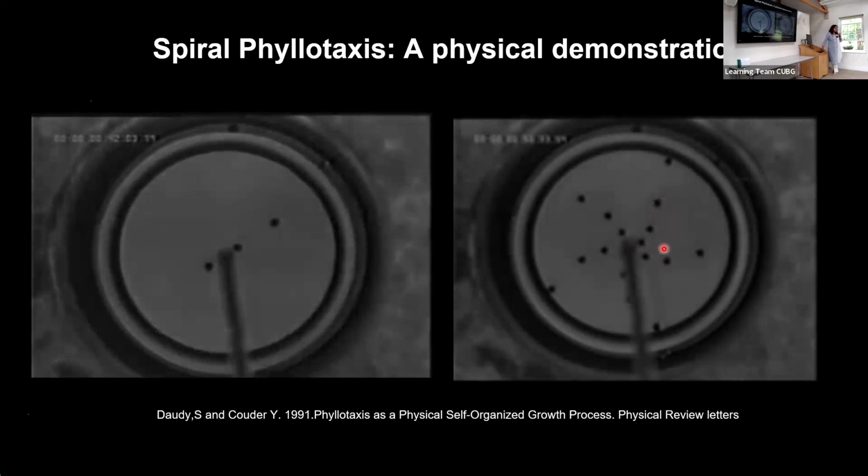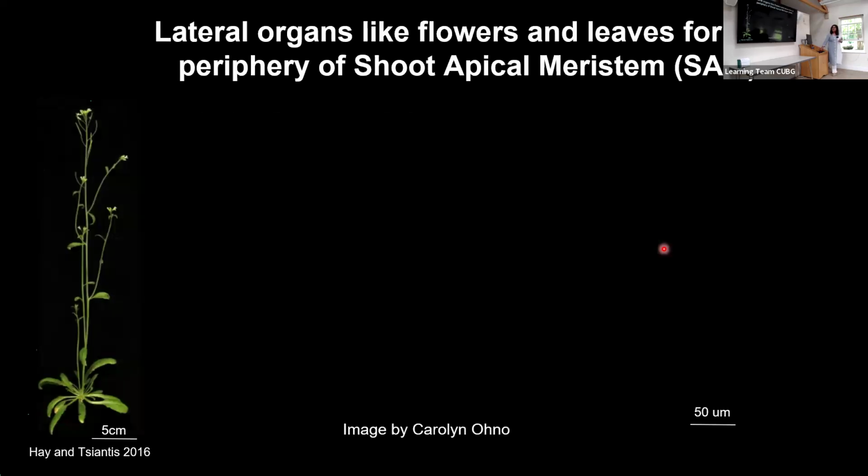So this suggested that the frequency with which droplets were formed helped them organize into certain patterns, and this could be translated into plant organ formation, which means that regular spacing arising as a result of the frequency with which they are formed could create organs in a regular manner. Now, this is all physics, and I am a biologist, so I want to understand the biology behind how these patterns emerge.